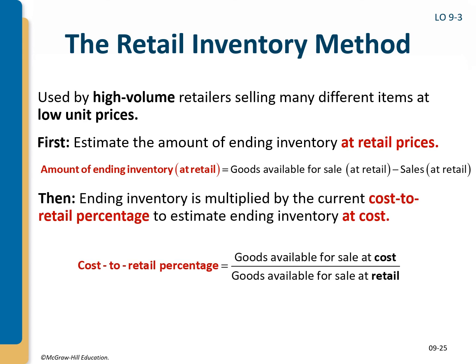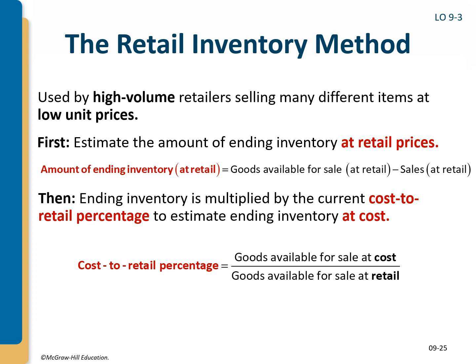So we end up multiplying the retail ending inventory dollar amount by a cost to retail percentage. How do we get that? Well, the general calculation is to take the total amount of the goods that we could have sold at cost and divide it by the goods available for sale at retail.